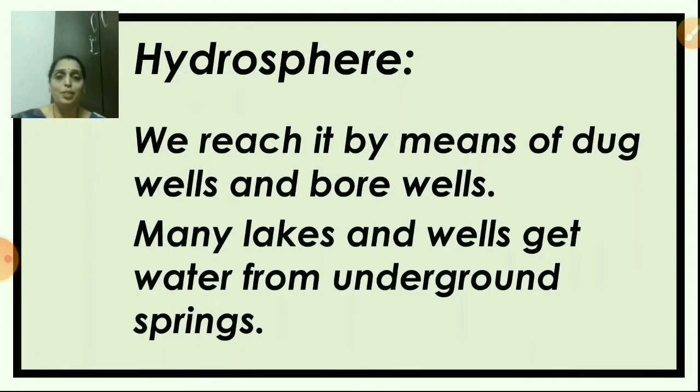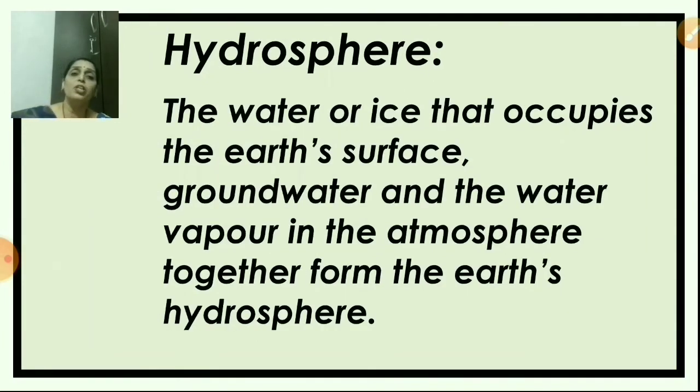Many lakes and wells get water from underground springs. Springs means underground jharnas. The water or ice that occupies the earth's surface, groundwater, and the water vapor in the atmosphere together form the earth's hydrosphere.